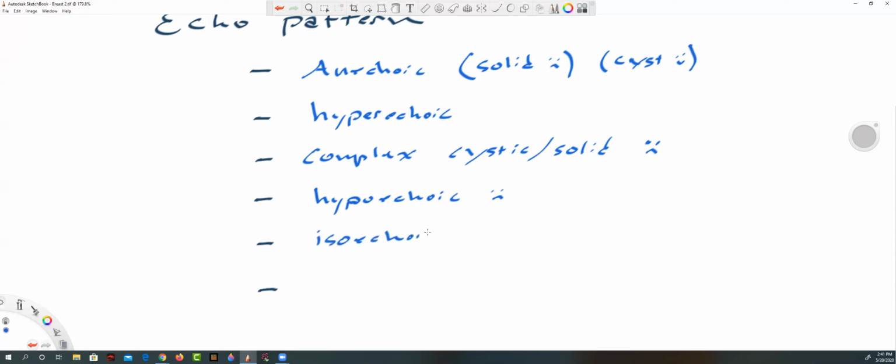Isoechoic. I don't have an opinion face on isoechoic. A lot of times adenomas, which we see all the time, are pretty much isoechoic. So those are fine. And then heterogeneous, well, that kind of goes with complex cystic solid.